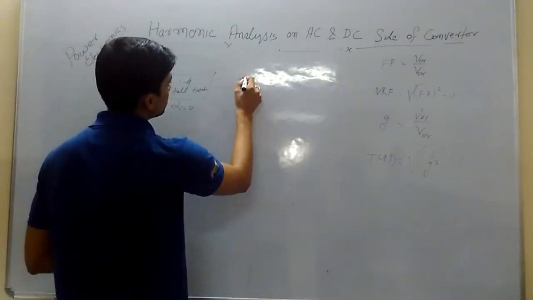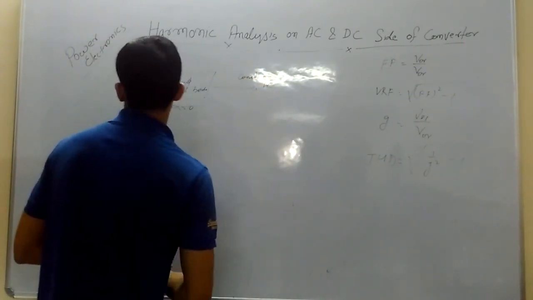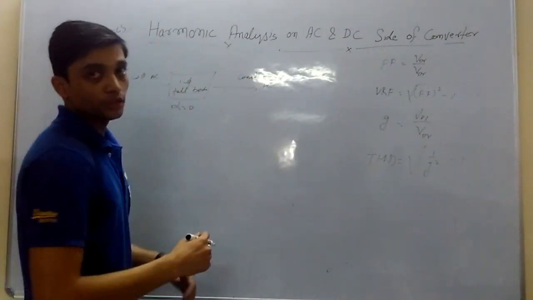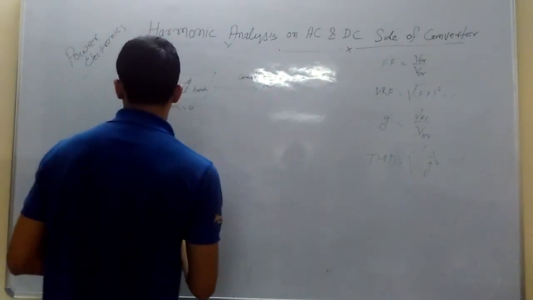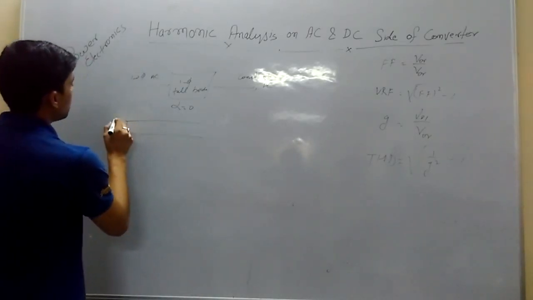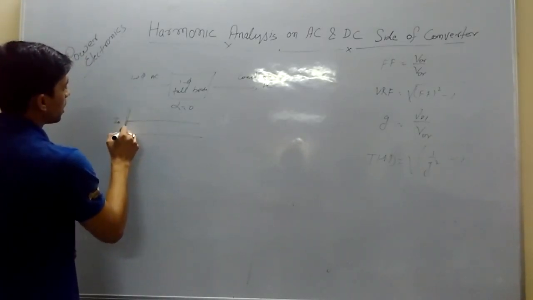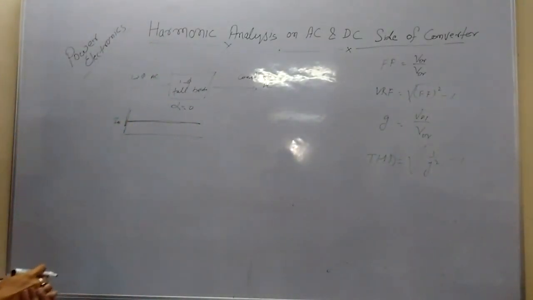You will get a constant output DC. Suppose you have taken a large inductor, so that the output current will be constant. This is the output current I naught. It is constant if you have taken a large inductor as a load.